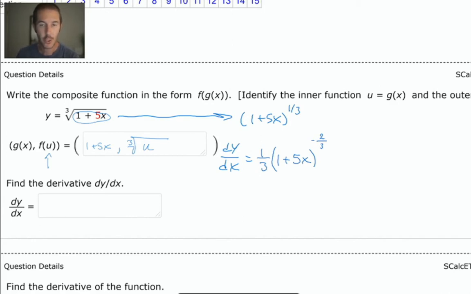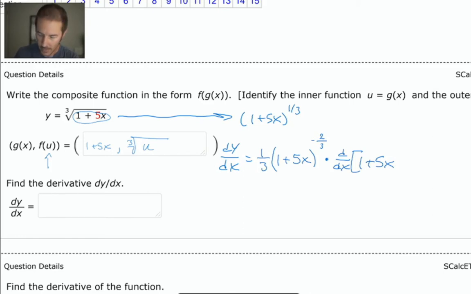And then here's the chain rule part. Now we're going to multiply by the derivative of the inner function. I'm going to do that right away. I'm going to multiply by 5. However you want to do it. Instead of writing times 5, you could have written times the derivative with respect to x of 1 plus 5x, and on the next line turn that into a 5.